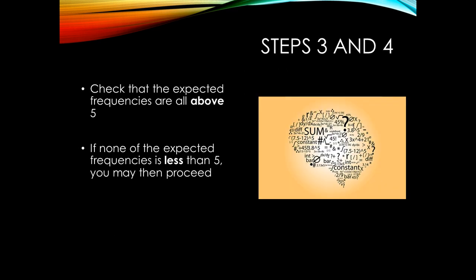Okay, on to step 3. We now check that the expected frequencies are all above 5. If none of the expected frequencies is less than 5, then you go along with the next stage of the maths. If the expected frequencies were less than 5, then you would abandon the chi-square, as the results wouldn't be viable to use a chi-square.